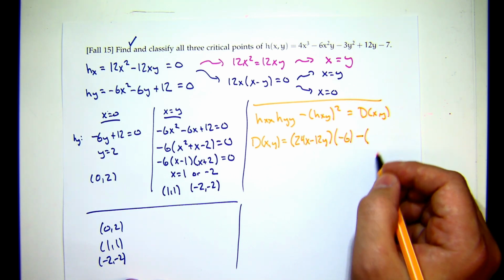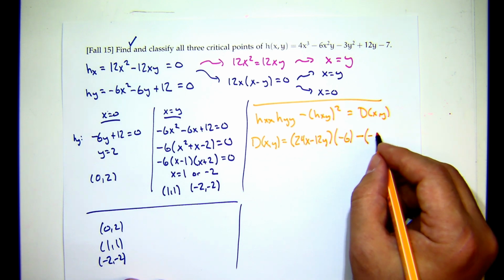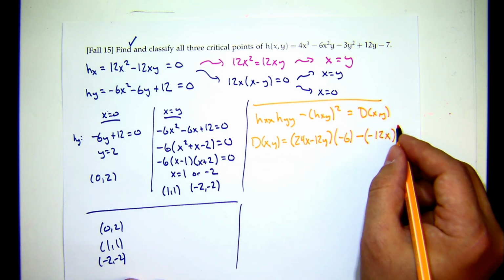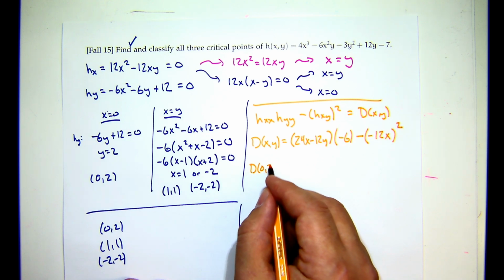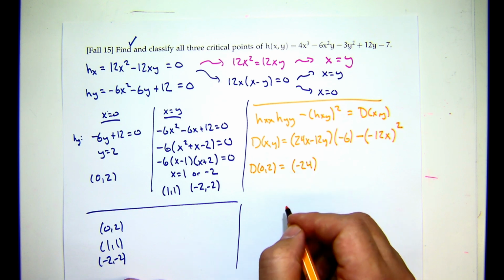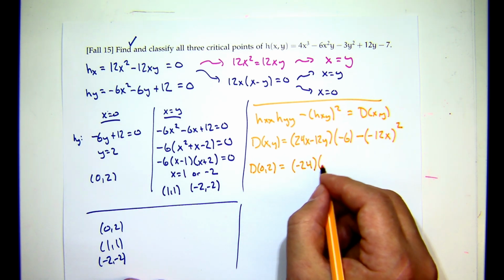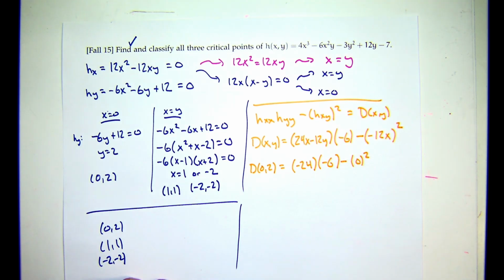Minus h_xy, negative 12x, and we square it. Okay, d of (0, 2). Well, that's negative 24 times negative 6 minus 0 squared.